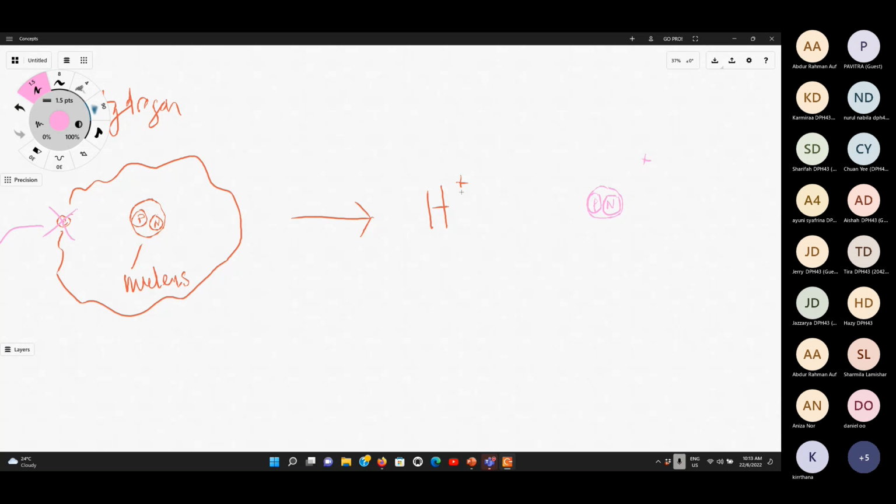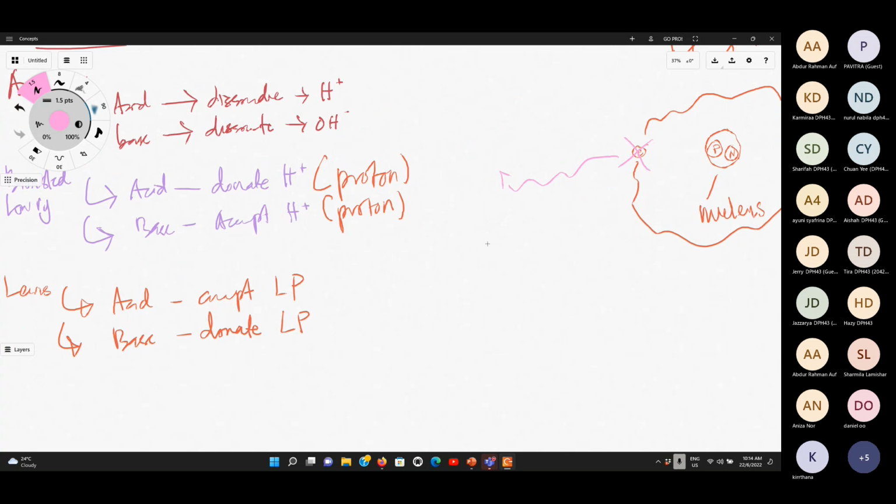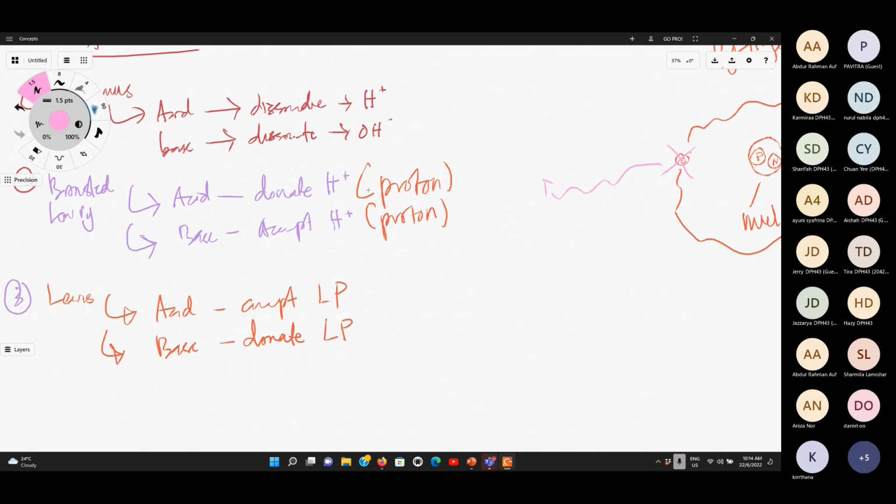So that's why kita panggil a H plus ion sebagai proton. Kerana dia tidak ada electron. We have eliminated electron. Okay, so that's why sometimes in chemistry kita panggil H plus ion, hydrogen ion sebagai proton.